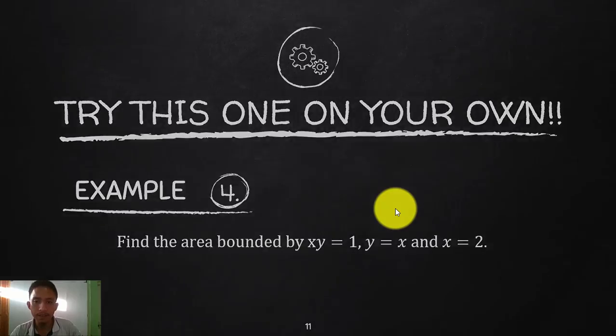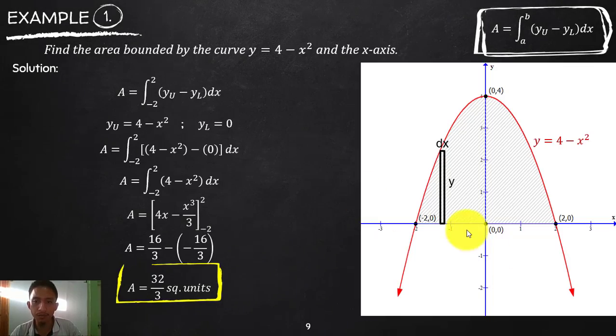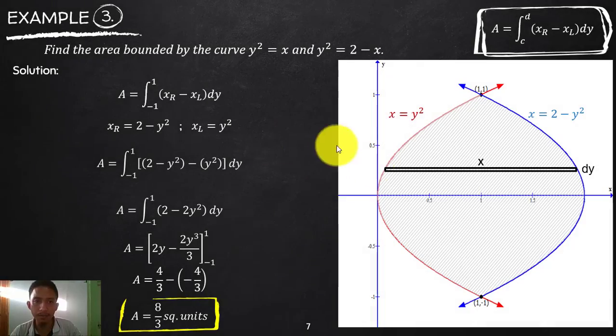Okay, so you can try that one. So as your practice, your example number 3 in horizontal strip, you can try that one. Okay, so get the area. You can divide that one into 4. So get the area of this quadrant here, I mean this quarter here, your y upper is y of that, y lower is 0, since that is the x-axis.